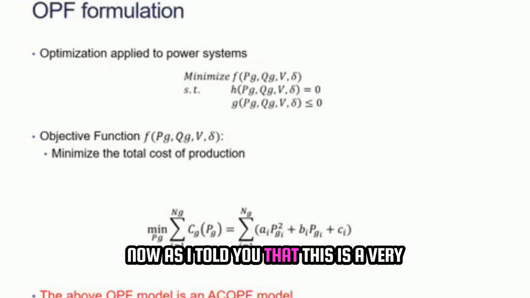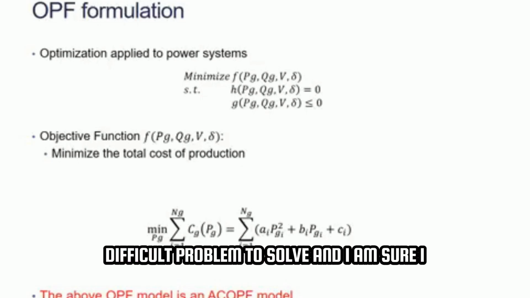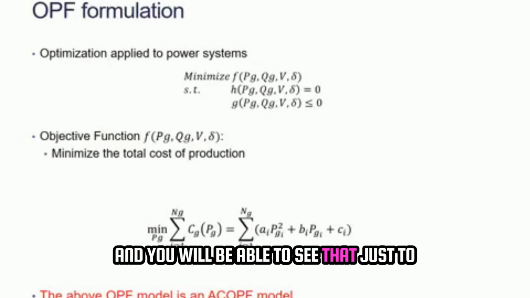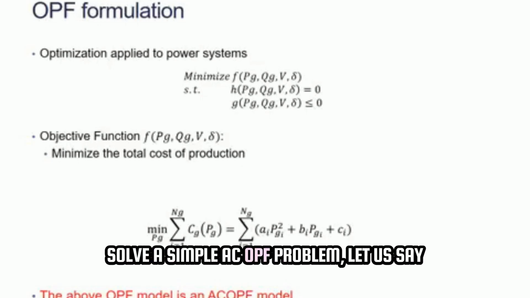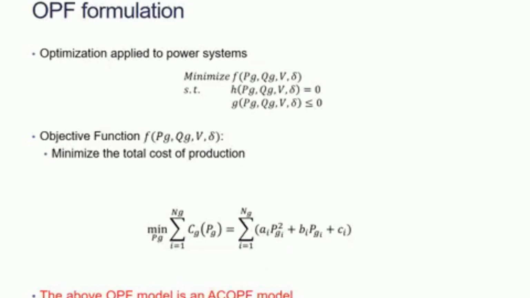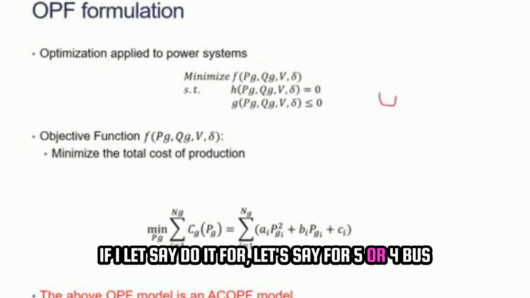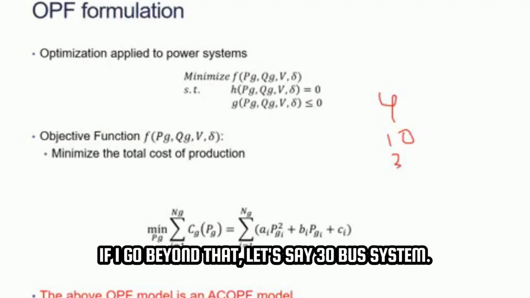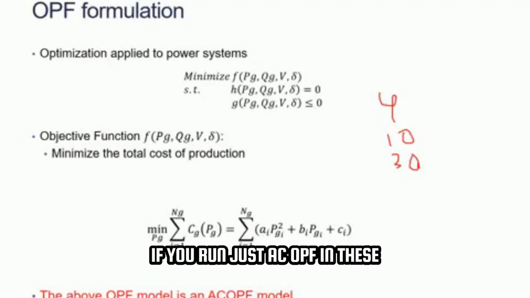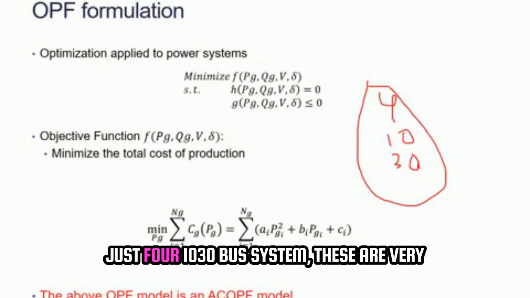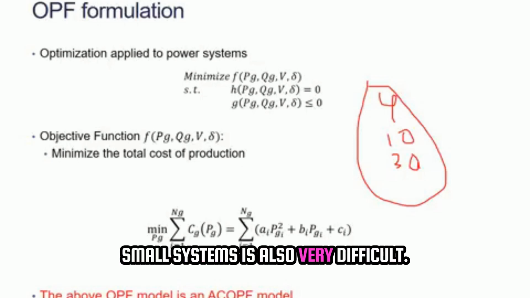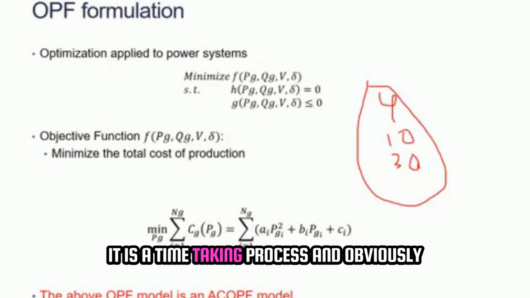Now, as I told you, this is a very difficult problem to solve, and I'll be giving you one example in tutorials where you'll see that even solving a simple ACOPF problem for a 4 or 5 bus system, or a 10 bus system, or even a 30 bus system, is difficult. These benchmark systems are very small compared to practical systems, and running an OPF problem even on these small systems is a time-taking process.